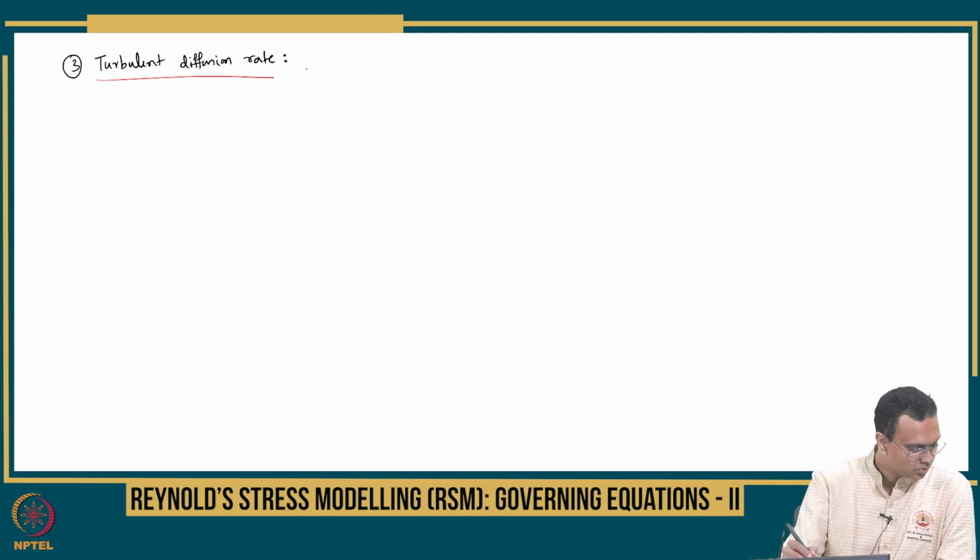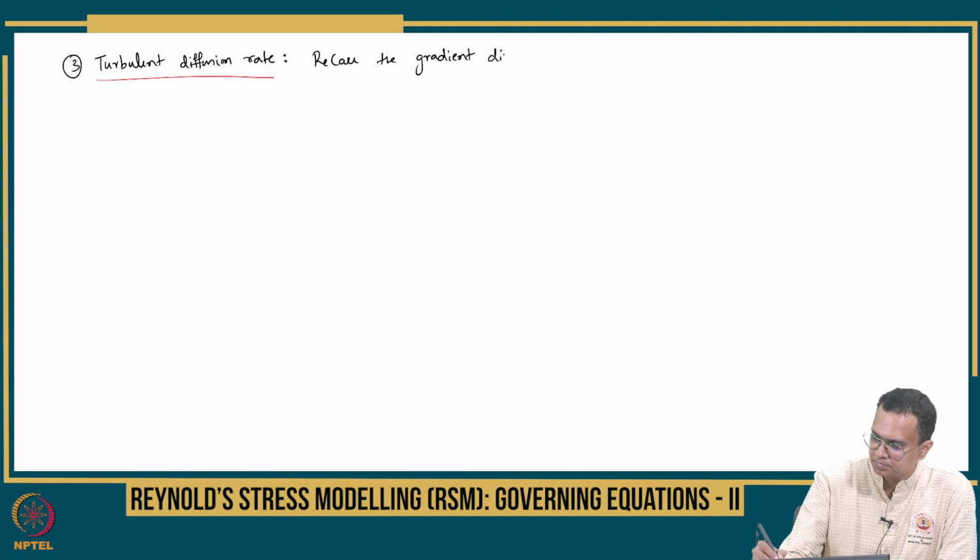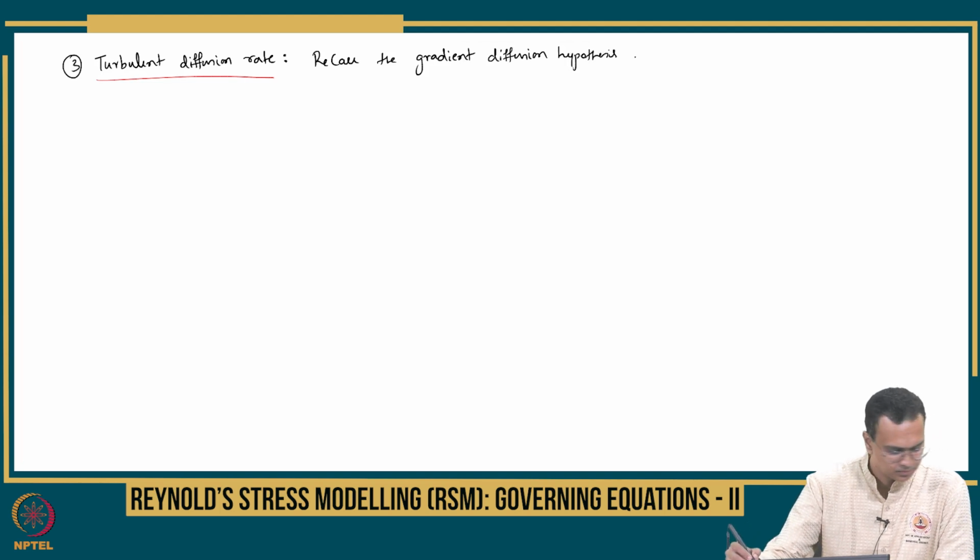So recall the gradient diffusion hypothesis used while modeling the K equation.